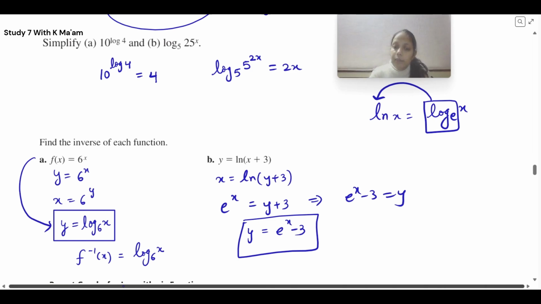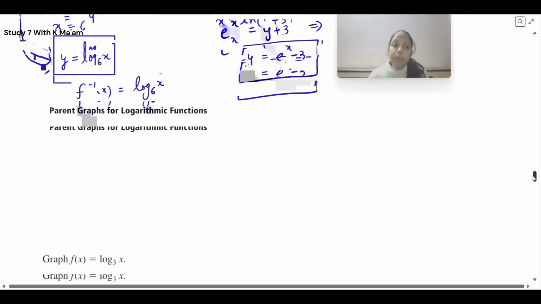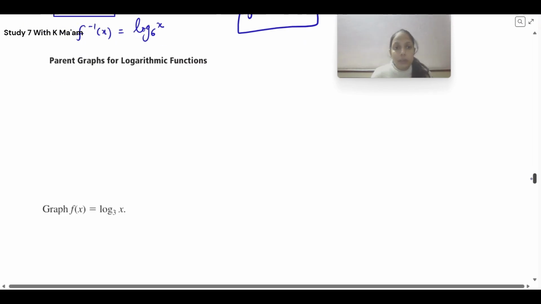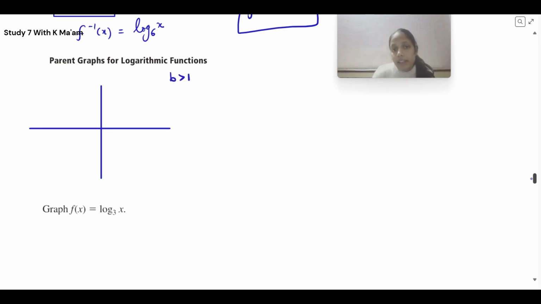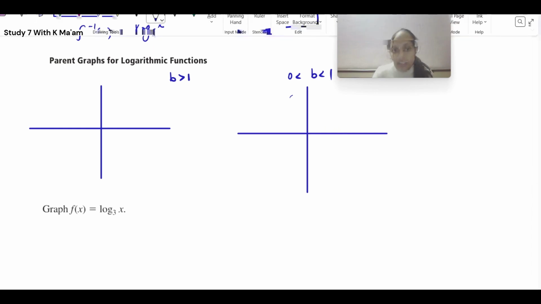Okay, this is done. Next we have graphs. Parent graph of a logarithm. You have two conditions for the base b. b can be greater than 1. The other case is b can be between 0 and 1. If b is greater than 1, then the graph will go like this.